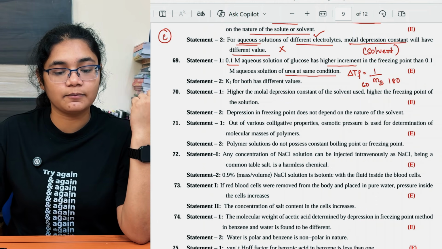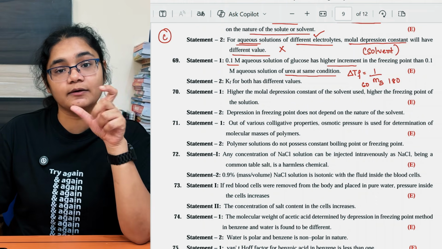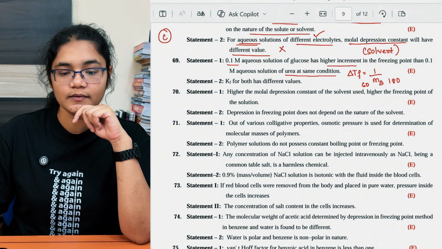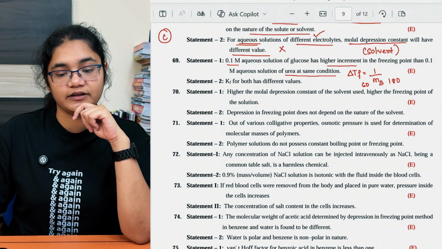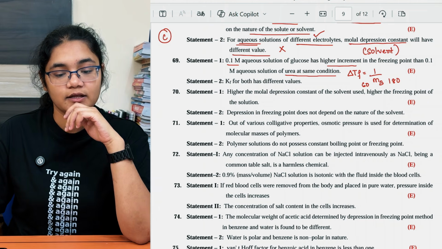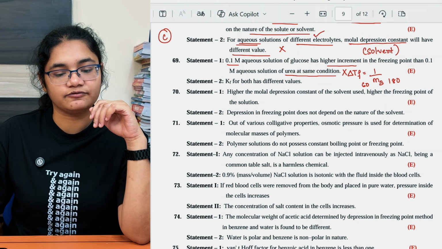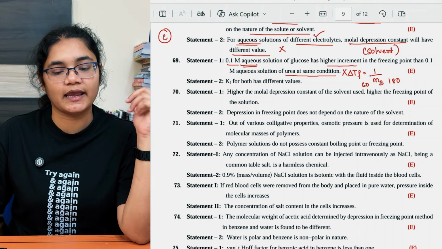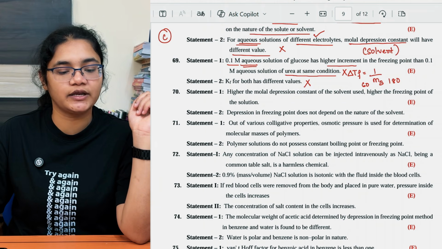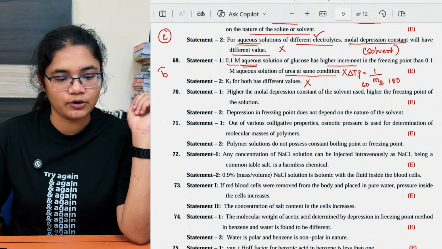So the first statement is wrong. So this statement is incorrect. Then, Kf for both has different values. No, since the solvent is same, Kf is same for both. So this is also incorrect. Both the statements are incorrect. So the correct answer for this question will be option number B.